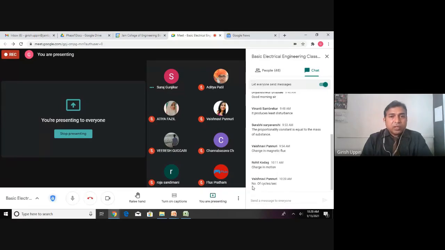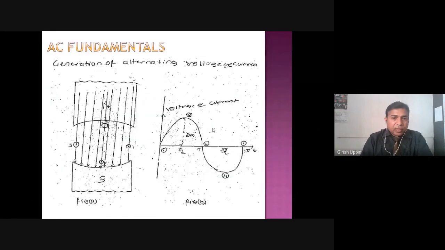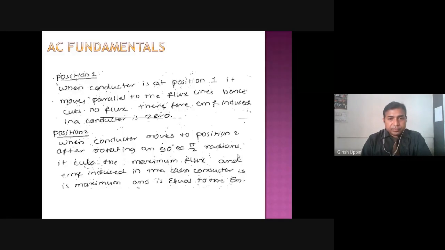Number of cycles per second. So in your household, this is one cycle. When we rotated once, we got one cycle. In your household electric supply, the frequency is 50 hertz. That means frequency is the number of cycles per second. So 50 means we have 50 such cycles in 1 second. That is the frequency.